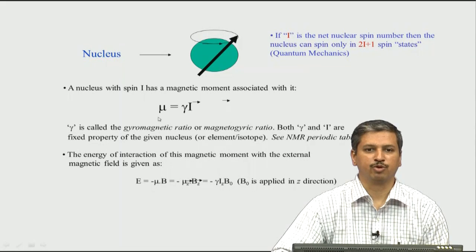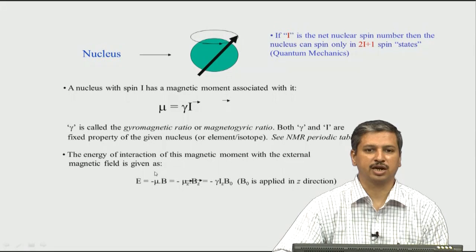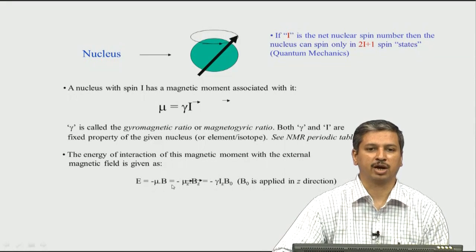So, this mu, the magnetic dipole, which is shown here schematically, interacts with the magnetic field. When we apply a magnetic field, this magnetic dipole moment interacts with the external magnetic field, and this interaction energy is given by the formula E is equal to minus mu dot B, a dot product with the magnetic field.